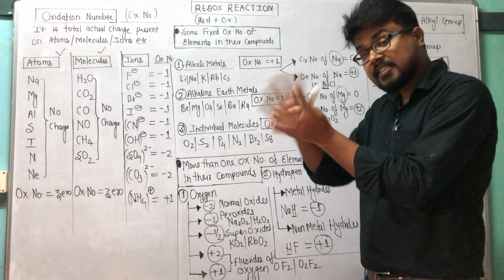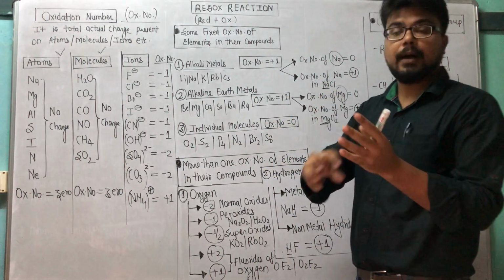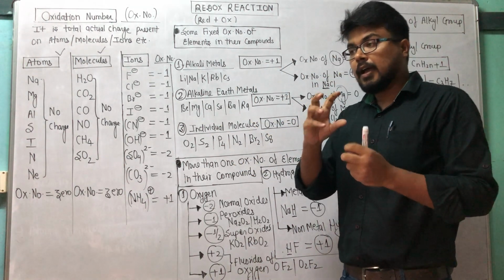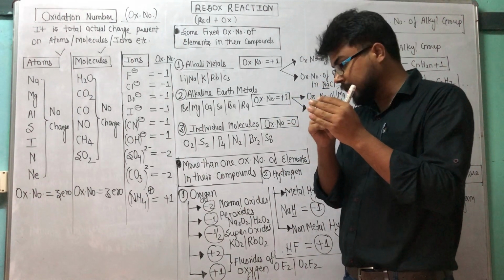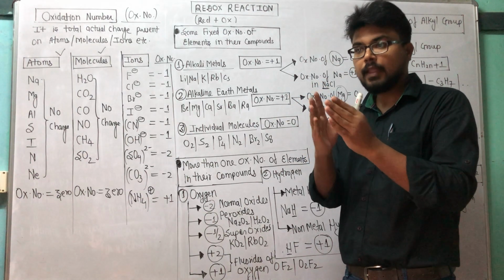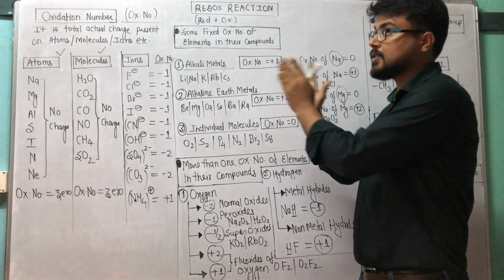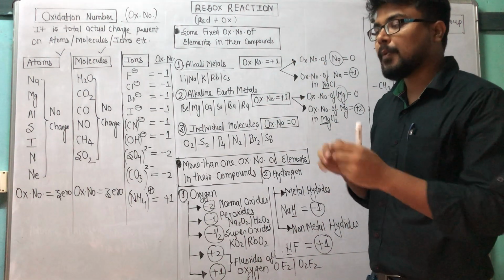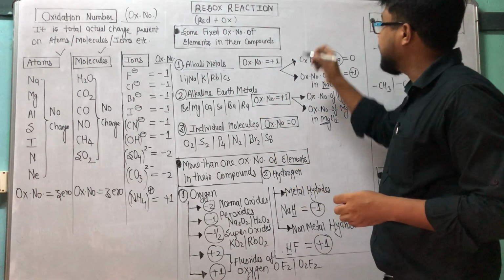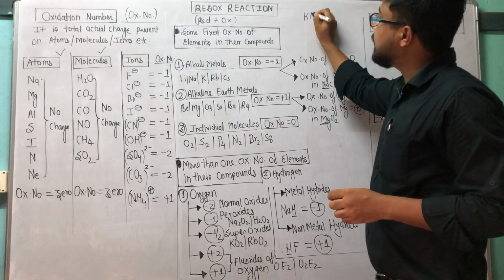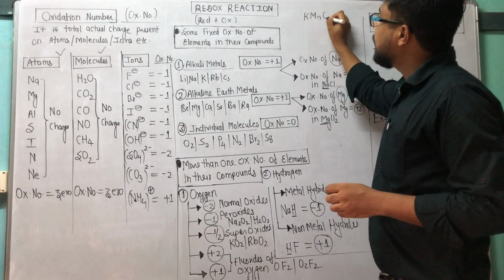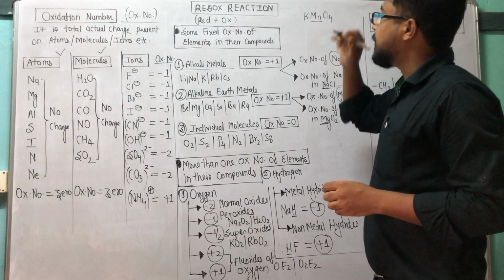In my upcoming video lecture, I will speak about the calculation part of oxidation number and how we can solve it. Suppose I give a hint: I have to calculate the oxidation number of Mn in KMnO4.